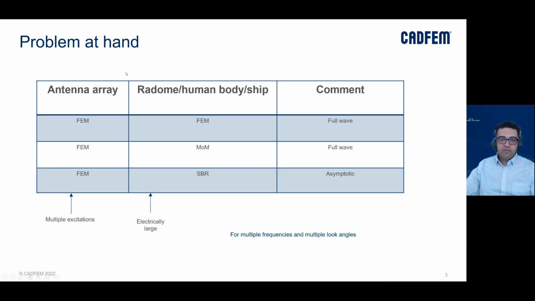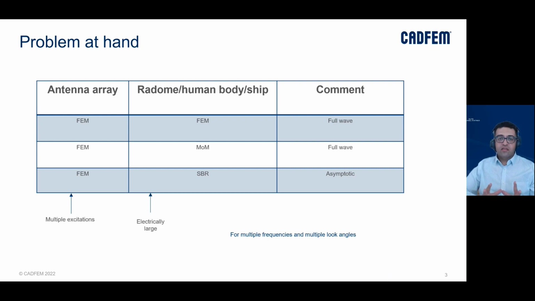I describe this problem from a computational point of view as really worst case. On one hand, we have an antenna array, and antenna arrays are very common nowadays. Just to name a few examples, 5G, MIMO, Wi-Fi routers, your smartphone, some medical devices, or even any multi-excitational electromagnetic device.